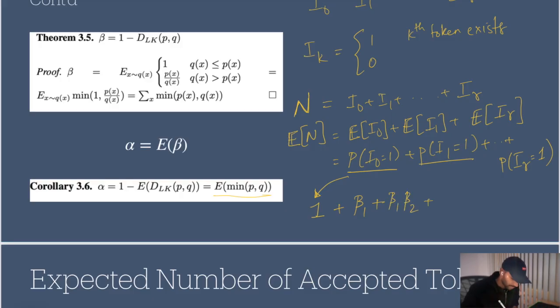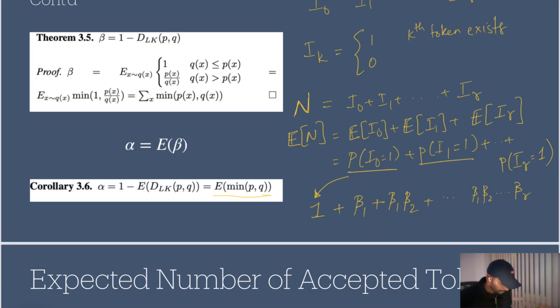So, and so on until we have beta 1, beta 2, beta gamma, right? So the expected number of tokens depends on the acceptance rate for that particular time step, along with the acceptance rates for the previous time steps.